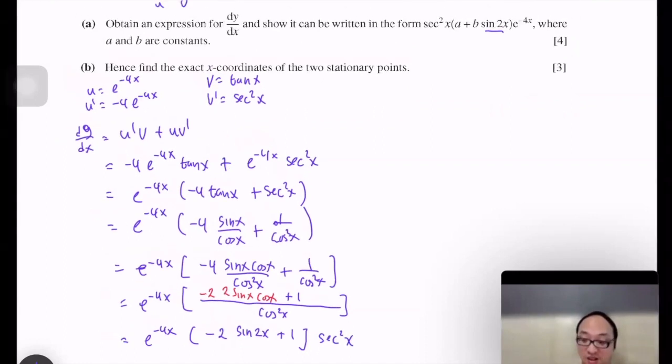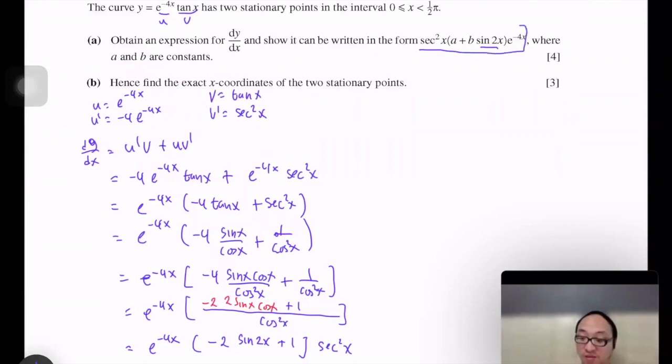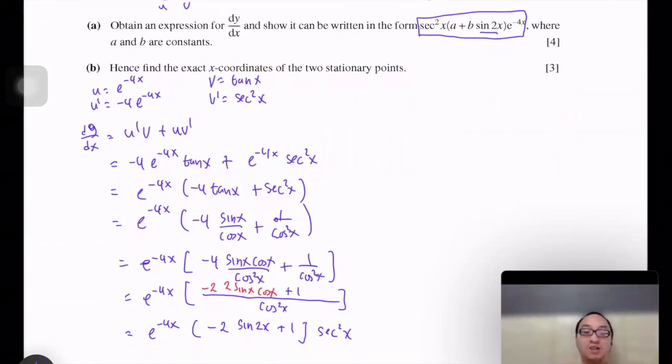So this is the same as the form in the equation: secant square x, 1 minus 2 sine 2x, e^-4x.